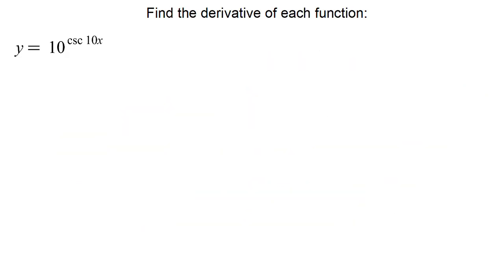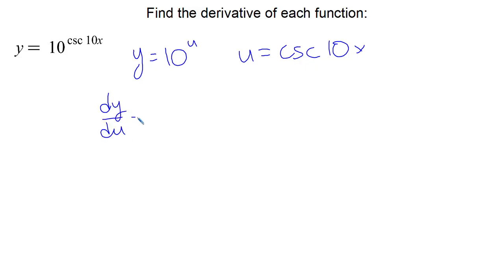And here is our last one, 10 to the cosecant 10x. So this is y equals 10 to the u, where u is equal to the cosecant of 10x. Well, the derivative of 10 to the u with respect to u should be easy enough. dy du is just 10 to the u times the natural log of 10, just what we've been doing for each of these. But du dx, we're going to have to use the chain rule because that's the cosecant of a function.